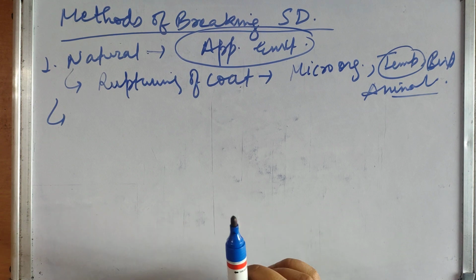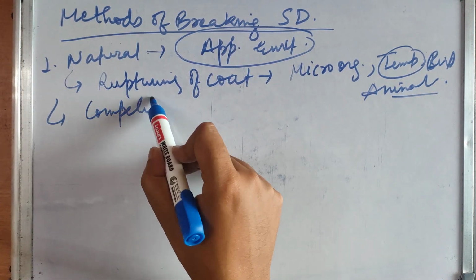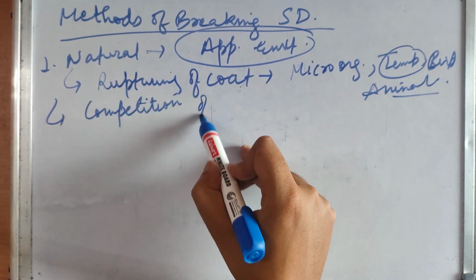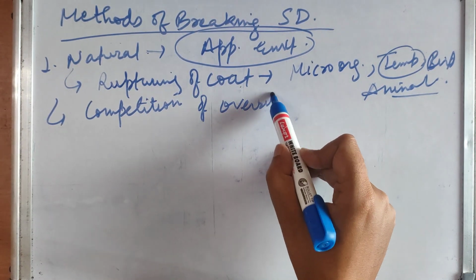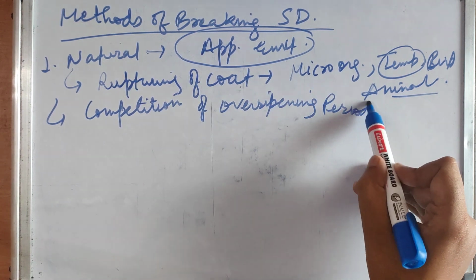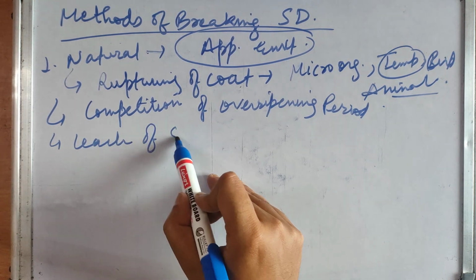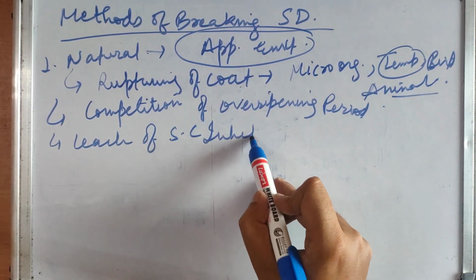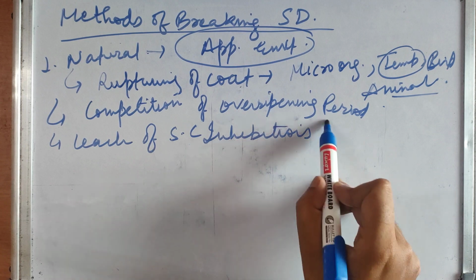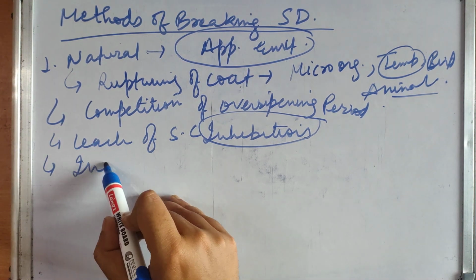There is completion of the after-ripening period. Leaching of seed coat inhibitors, as the inhibitors which were inhibiting germination leach out from the seed.